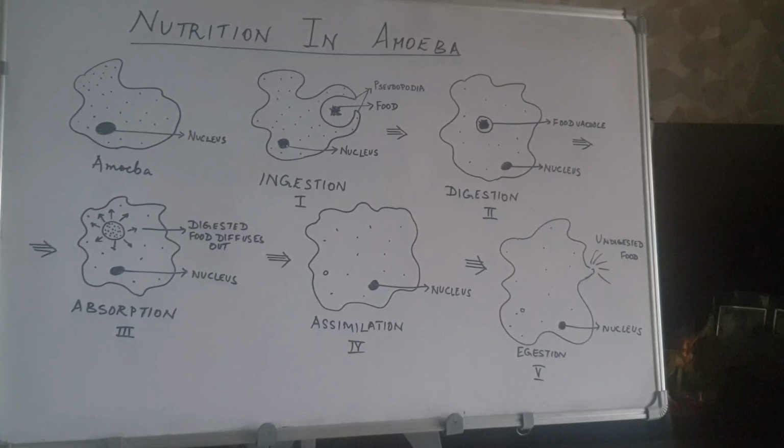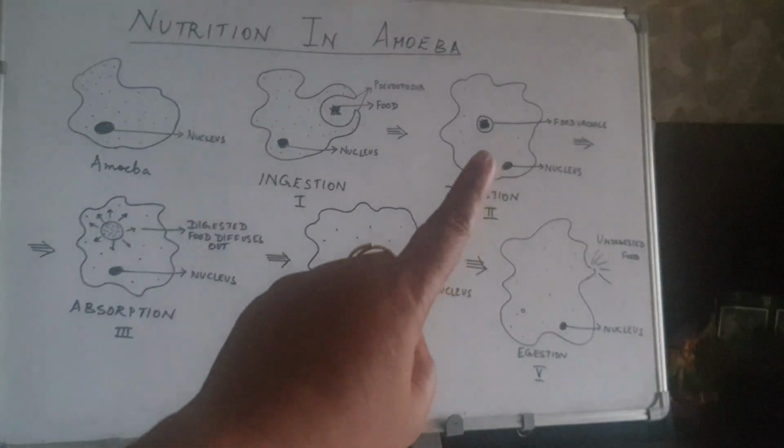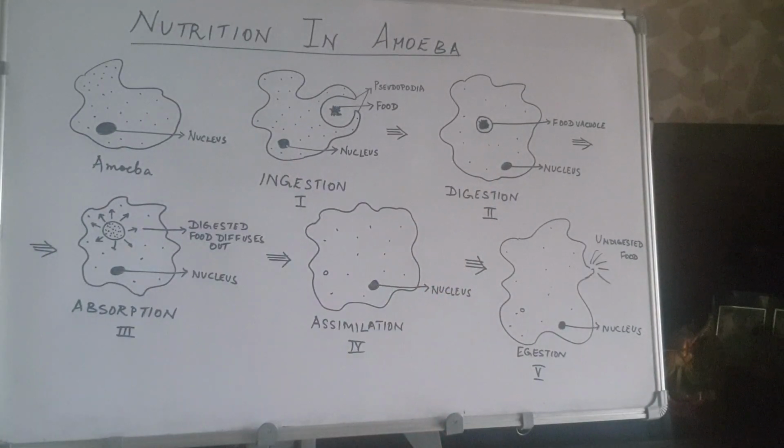And second, coming to digestion. Now the food is taken inside the body of amoeba, and it is engulfed, enclosed within a vacuole, so that you term it as the food vacuole. And in digestion, what happens? You know that there are certain enzymes which help in digestion of food within our body.